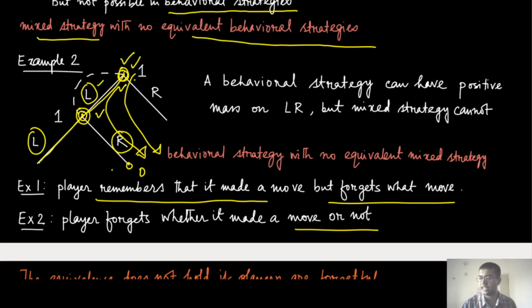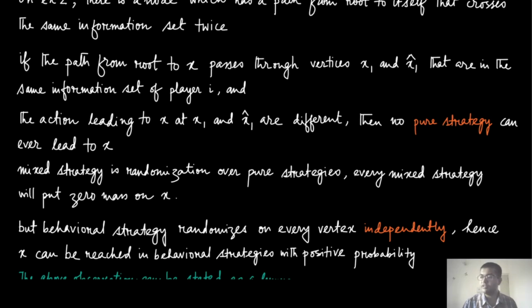Let's say this node is x, this first node is x1, and this node here is x1 hat. At x1, player 1 is taking the action L, while at x1 hat it is taking a different action, that is R. If that is different, then it is quite evident, using the argument that we have just used, that there cannot exist any pure strategy that can lead to x. So you cannot reach x via a pure strategy.